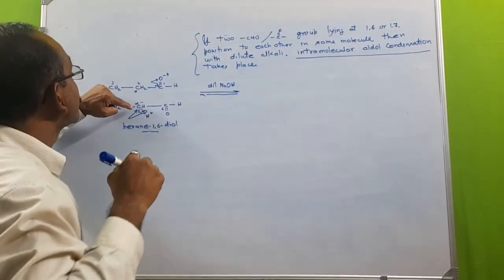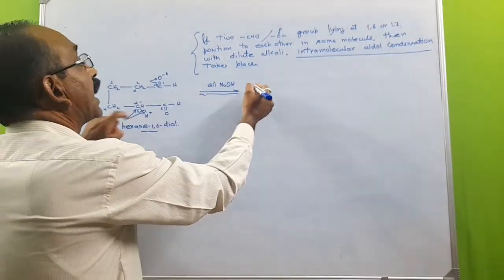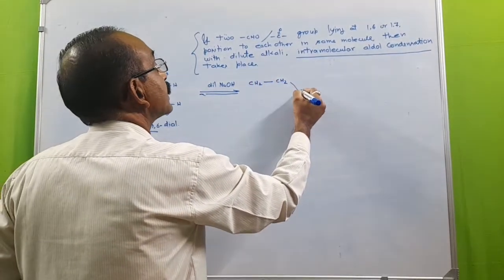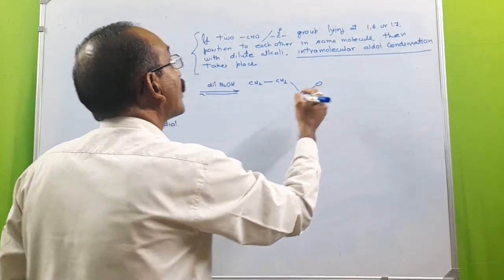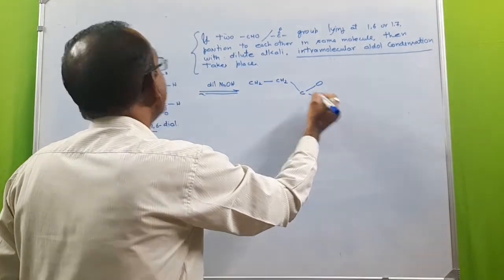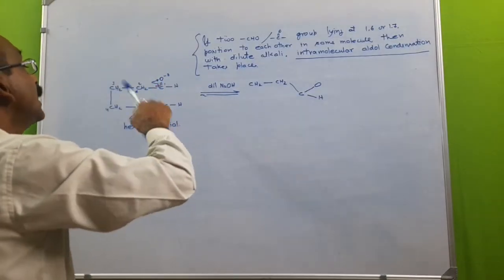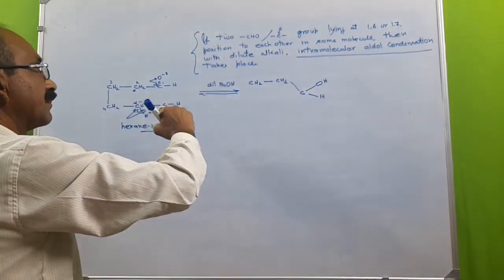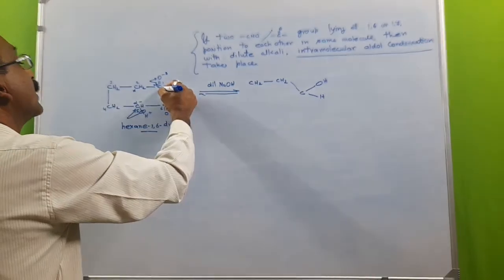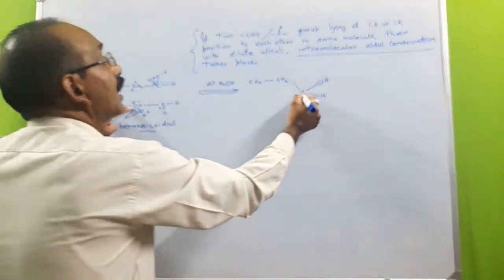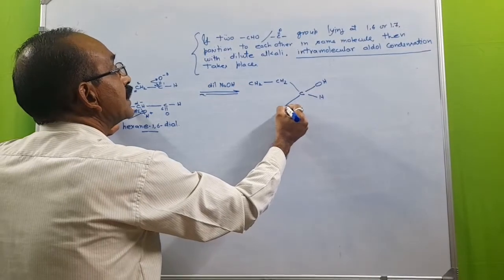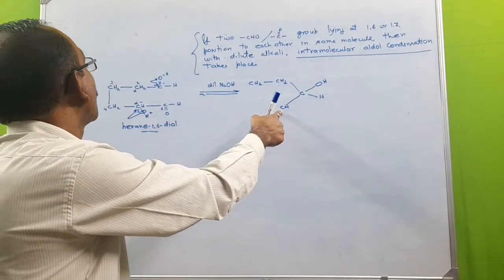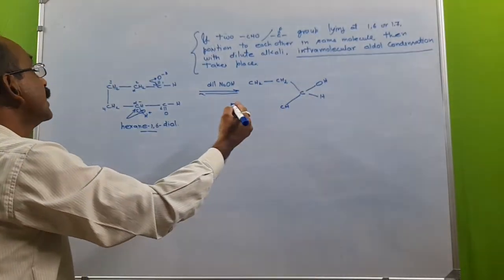Now this negative charge, this positively charged hydrogen, see, this is CH2, here it is CH2, here it is C, and now a single bond will be left between the carbon and oxygen. Now the alpha hydrogen set free from here will form a bond with the electronegative oxygen, and this electropositive carbon will form a bond to the alpha carbon from where the hydrogen atom was removed.